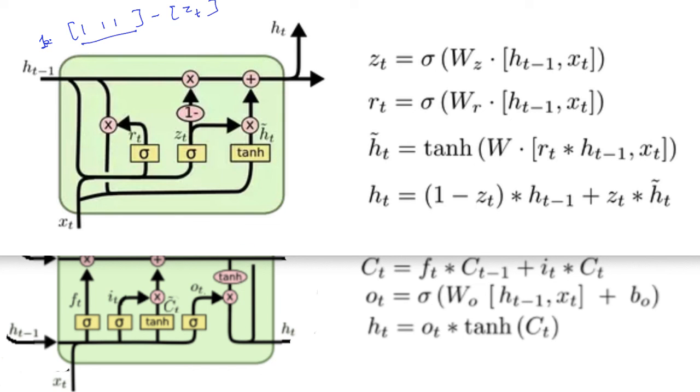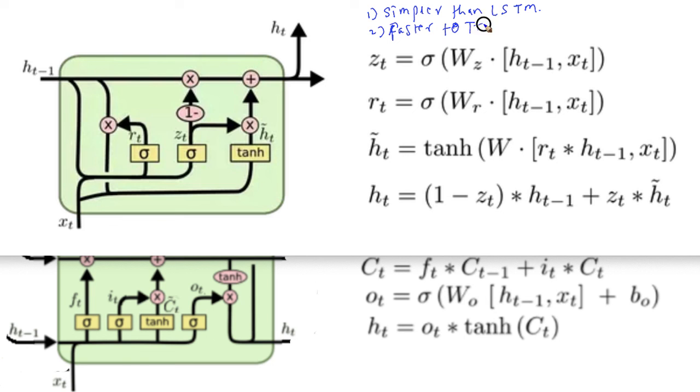Now, the advantages of GRU: it is simpler than LSTM, right? Then it is easy or faster to train. Why is it faster to train? Because you see here, there are fewer equations compared to the LSTM. In LSTM we had 6 equations.